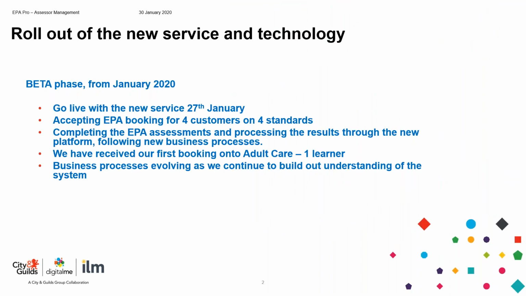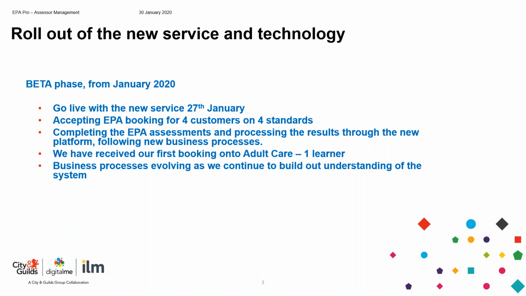Just to recap a few slides from last week, and I think a recap is always useful because a week has passed. We're currently in the beta phase for EPA Pro. We spoke about this last week. It started. We went live on Monday, the 27th of January, and now we're accepting EPA bookings for 4 customers on 4 standards. And we'll be completing those assessments through EPA Pro, as we've discussed.